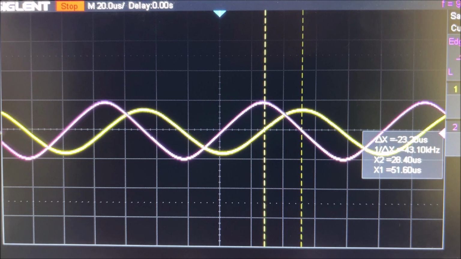I'm going to switch it up and do the integration of it. And of course, the resistor and the capacitor here aren't exactly the values shown, they're 5% or so, so we could be off a little bit. But anyway, we'll switch over to do the integration of it, and we'll see what happens.